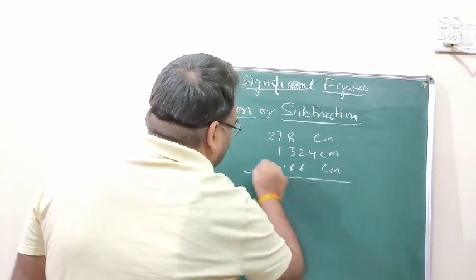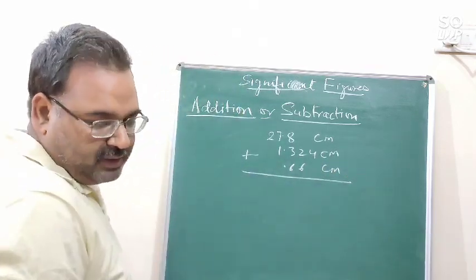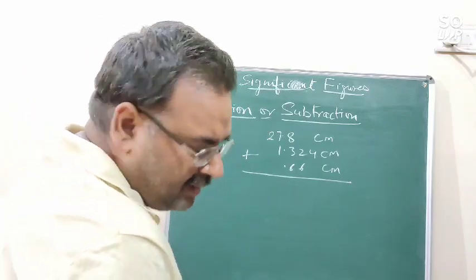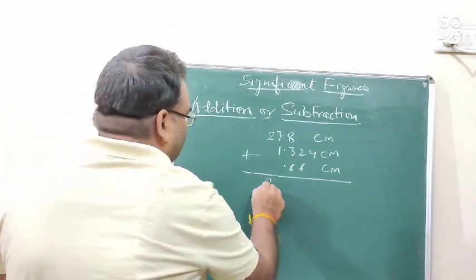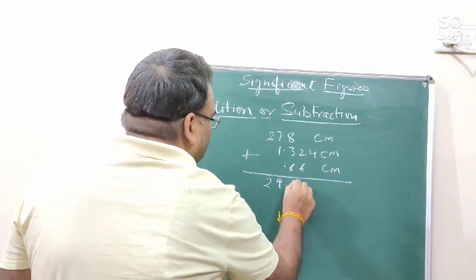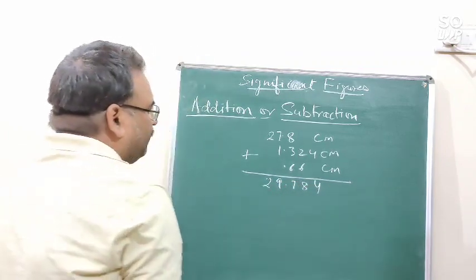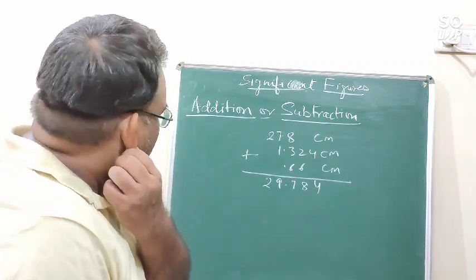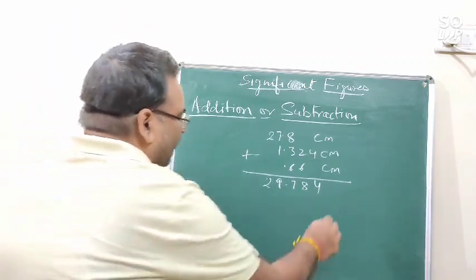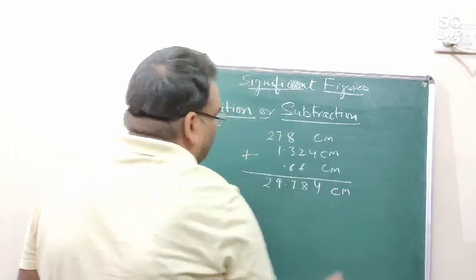Now this is to be added up. So on adding we get 29.784. Okay, so this is the answer, 29.784.